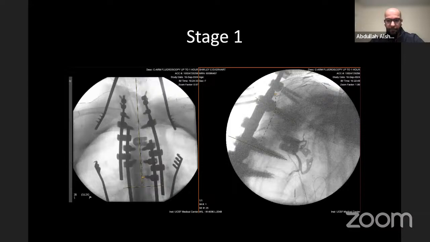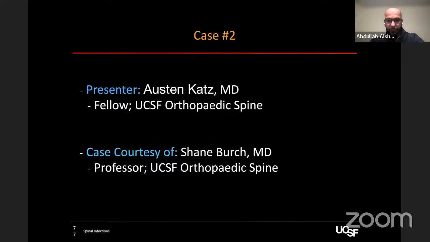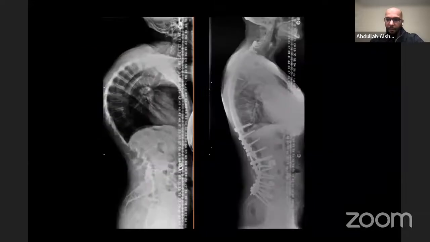We achieved a good correction here through the VCR, and those are post-operative X-rays. Next, please. And the second stage of revision was L3-4 PTP and L4-5 TLIF with extension to the pelvis.